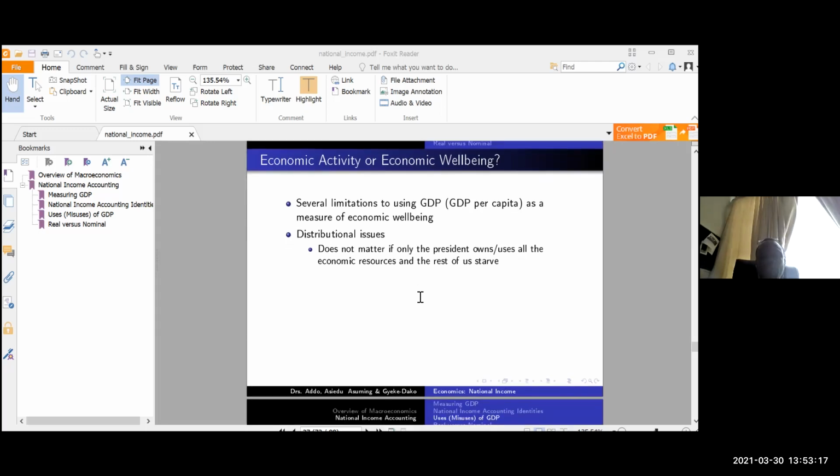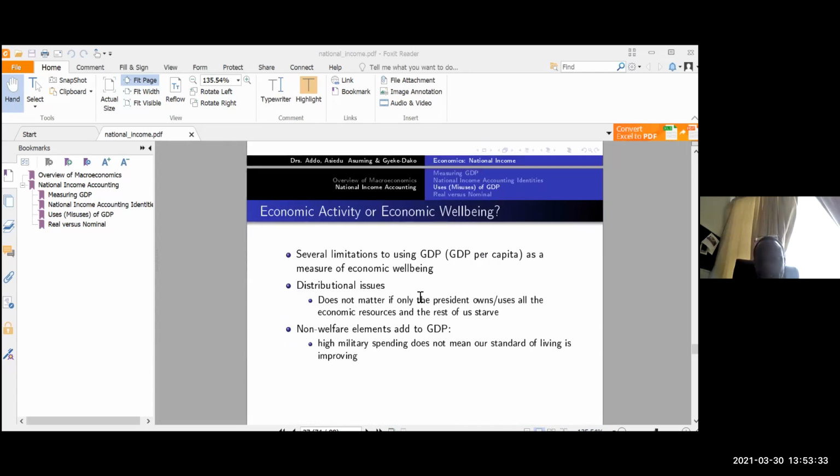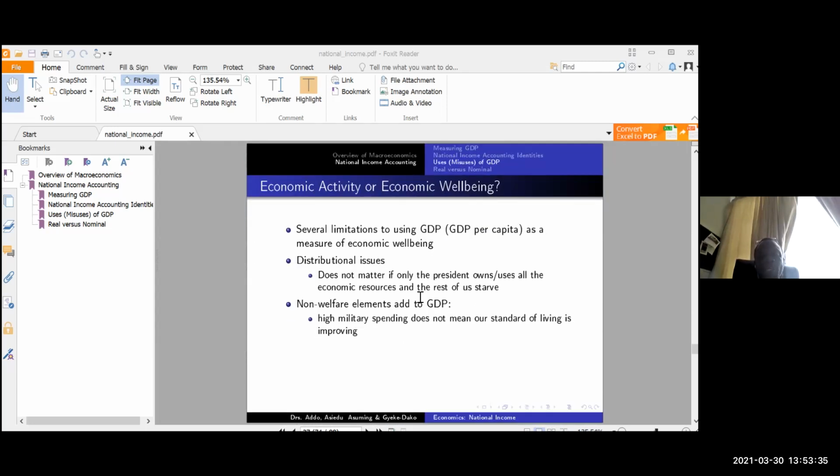There was a joke some years ago that the former president of a country had more money than the country. You could actually give the people a loan. The wealth is centered in the hands of a few. So it doesn't mean that as GDP per capita increases, the well-being of the people necessarily improves.